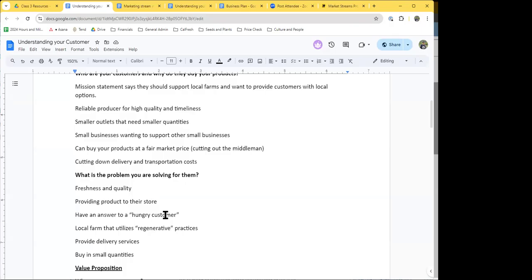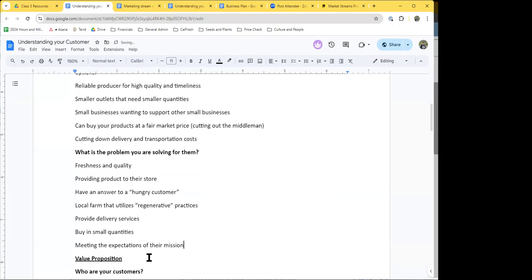Providing something that meets all of those requirements is solving a big challenge for them. And that's what Hannah was saying too. It is their mission and keeps them in integrity.